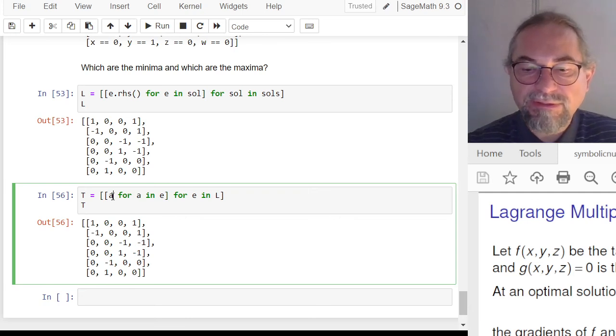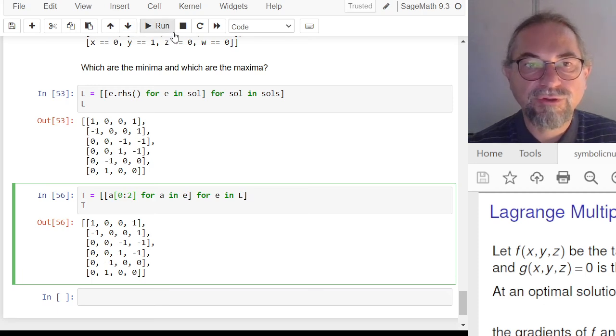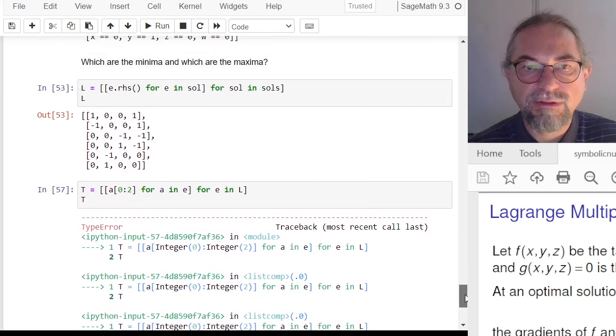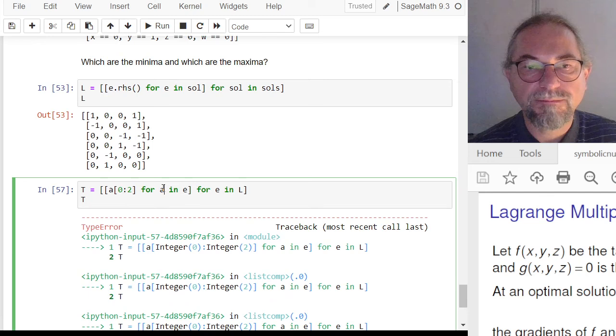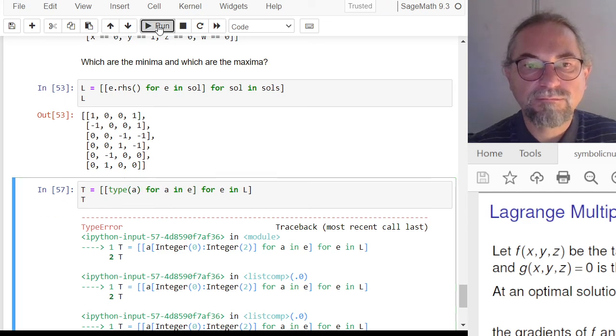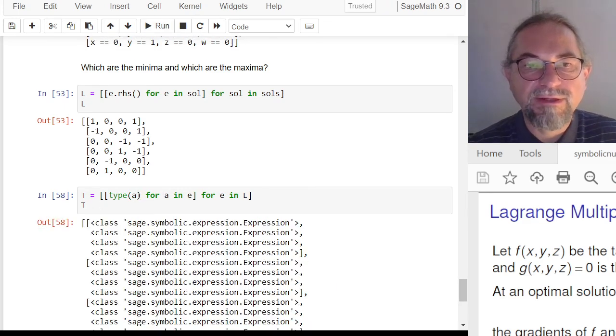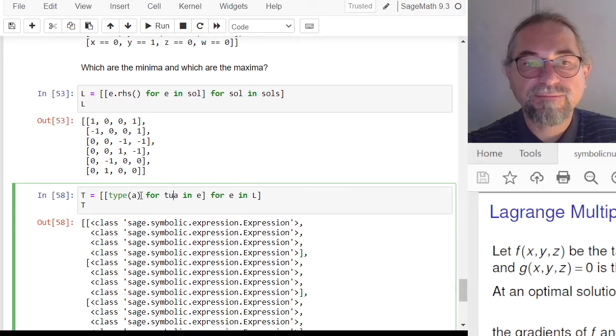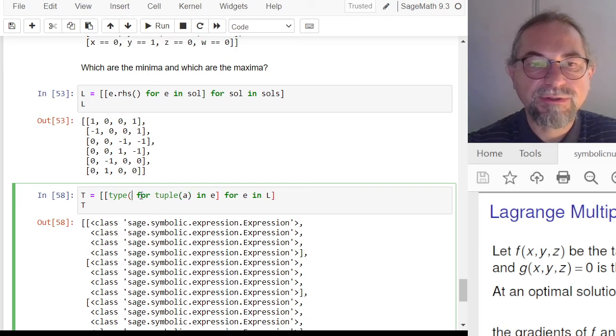So this is a list, and I should be able to select the first arguments, which is not subscriptable. So everything is expression. I have to convert to a tuple to make it subscriptable.